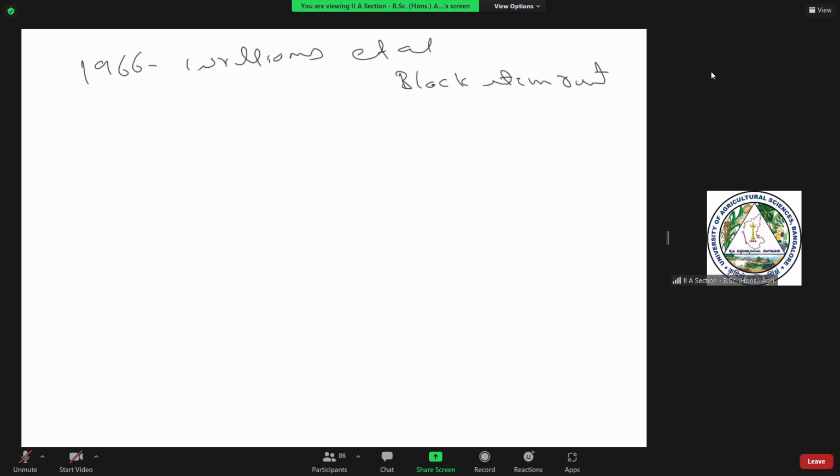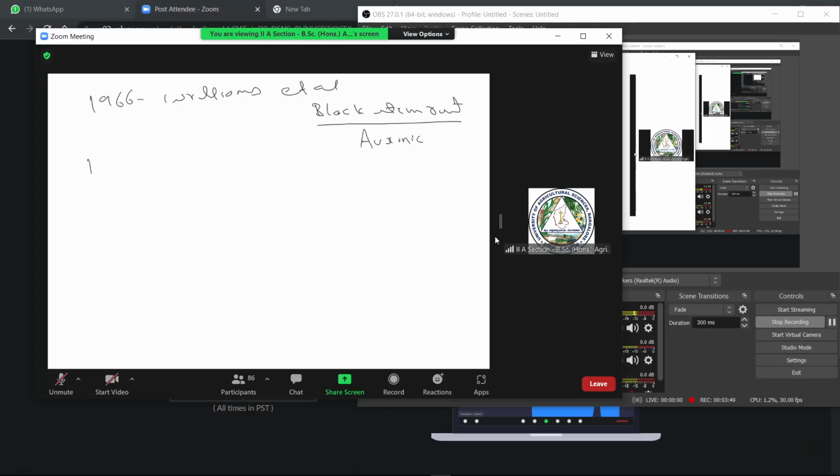Why it is so important: this fungus is a biotroph, which is often not able to grow on an artificial medium, but on an axenic culture. Williams and his co-workers were able to culture it on an artificial medium, though it is not very popular, but still they were able to grow it.